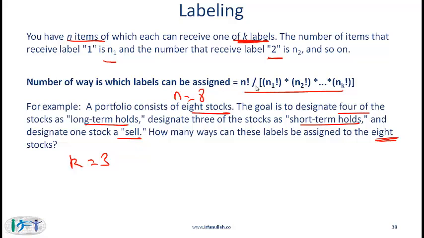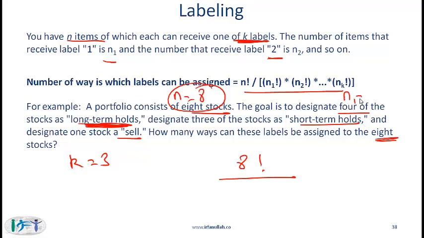And that is where this formula comes in. The number of ways in which the labels can be assigned is equal to n factorial. So in our example, that would be 8 factorial because n is 8, divided by n1 factorial. This means that for our very first label, which is long-term holds, the number that need to be under this label is 4.